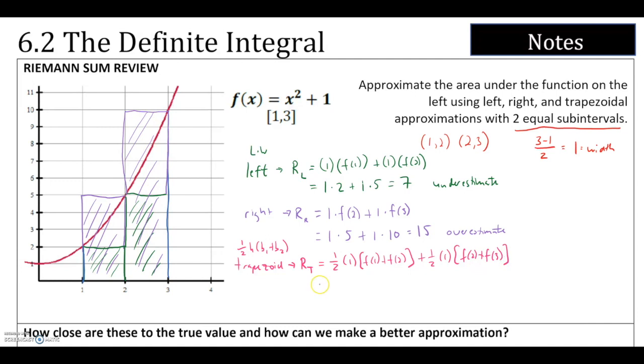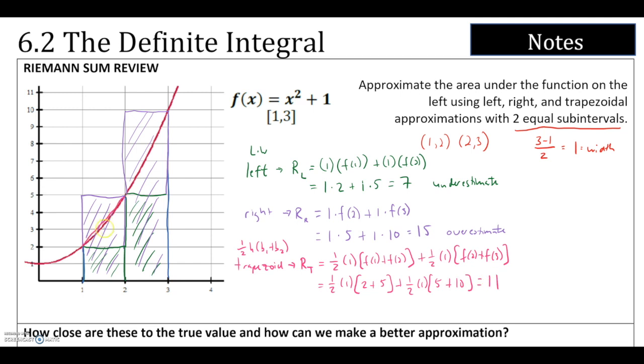And now we'll sub in the function values, which we've already calculated earlier in the problem. So the first trapezoid will be 1/2 times 1 times 2 plus 5, plus 1/2 times 1 times 5 plus f of 3, which was 10, to give us a total sum for the trapezoidal Riemann sum of 11.